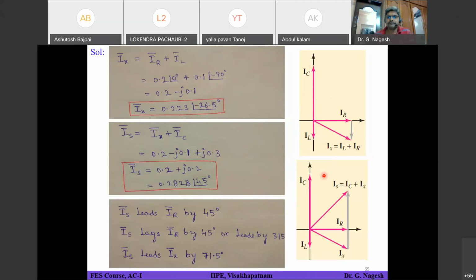Right. So now if you plot IS also, IS we have seen just now, IX plus IC. So if you add this IX what you have got, and if you add this IC, phasor addition, you will have somewhere in between these two, right? IC plus IX. So the phasor should be falling somewhere here.